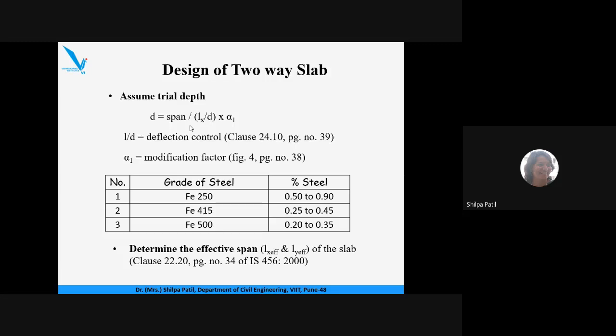Now, just imagine a slab and how we are placing reinforcement in the slab. The reinforcement along the shorter span is placed first. All the steel bars are placed at their location in the shorter direction first, and then the reinforcement in the longer direction is placed above the reinforcement provided in the shorter direction.